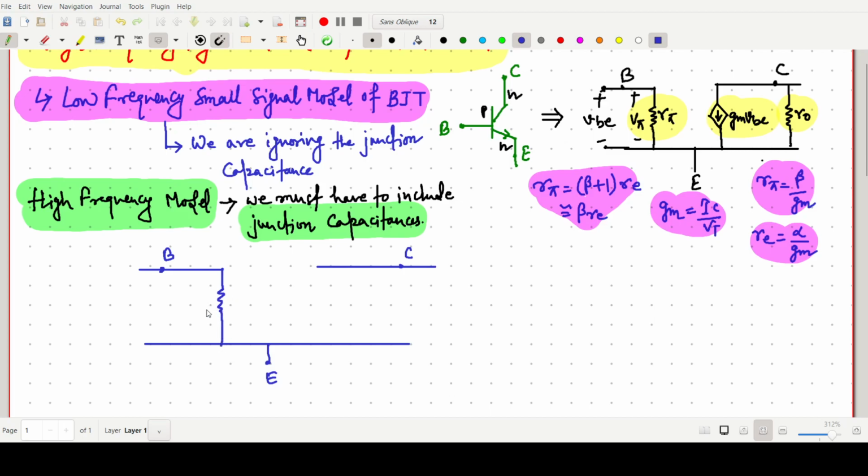There must be some r pi resistance as in the small signal model. Make that r pi resistance, and there is a capacitance, that is our C pi. I am making that here, and in between the base and collector there is one more capacitance, that is our C mu.